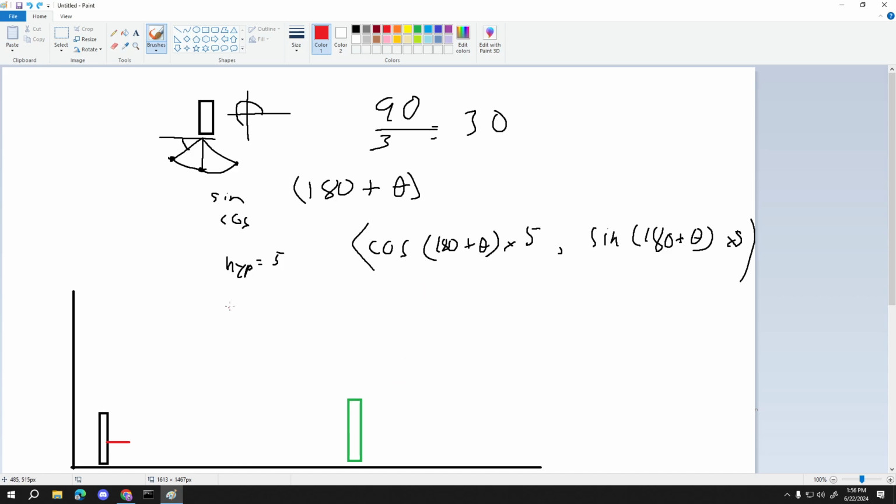And again, it still uses sine, cosine, tangent. Now that we have an angle here. Sorry, let's make it color blue.